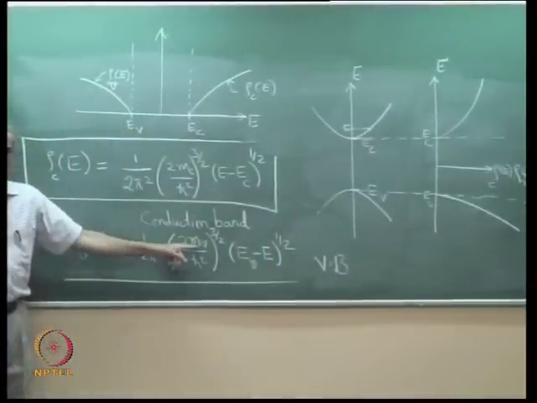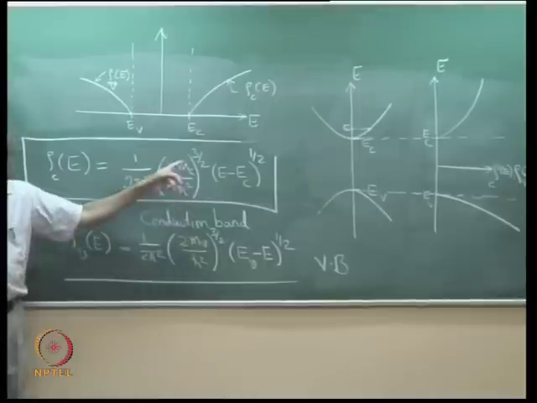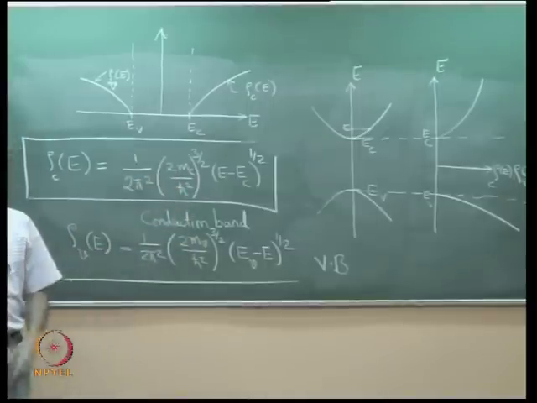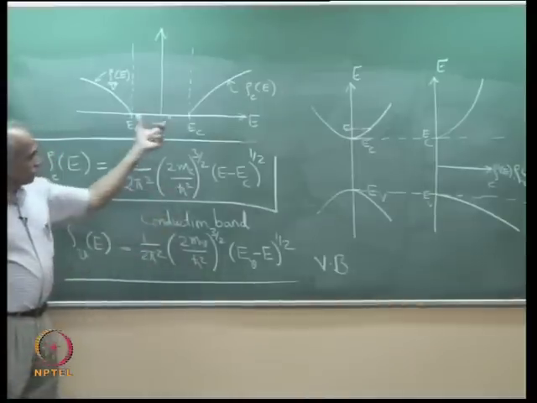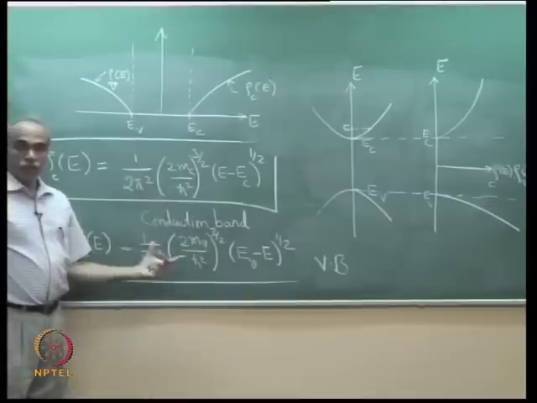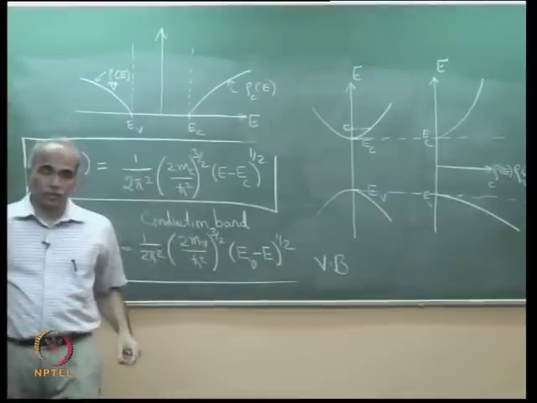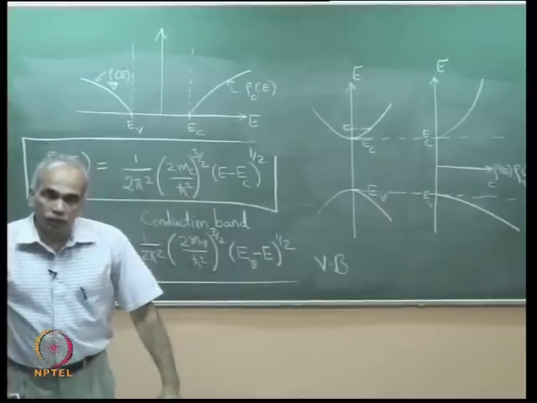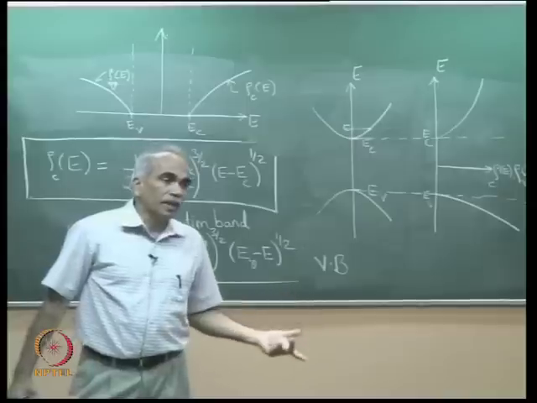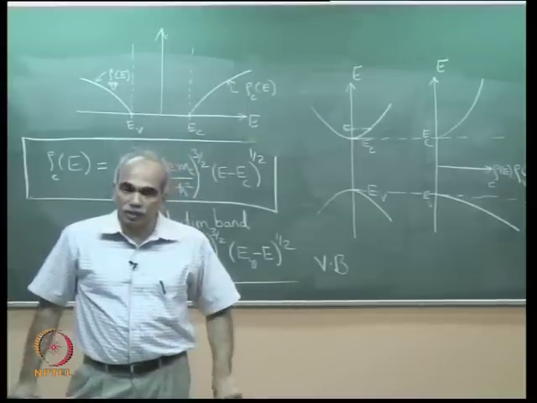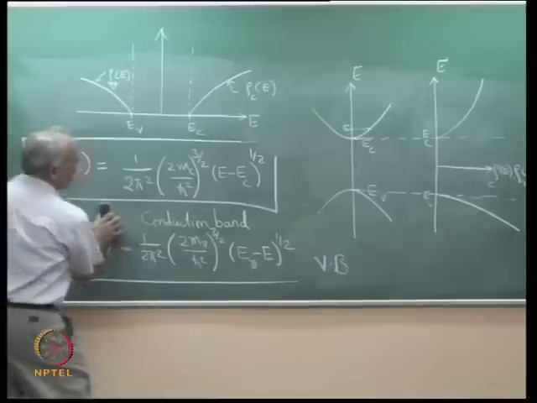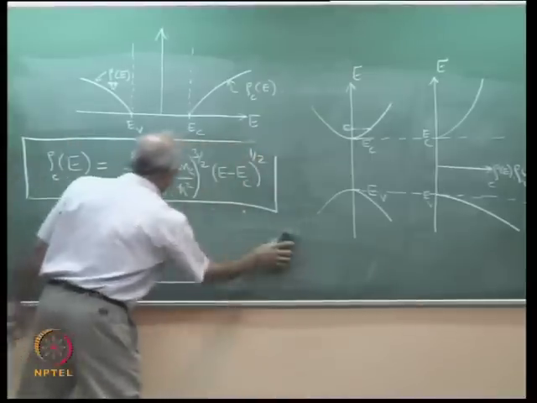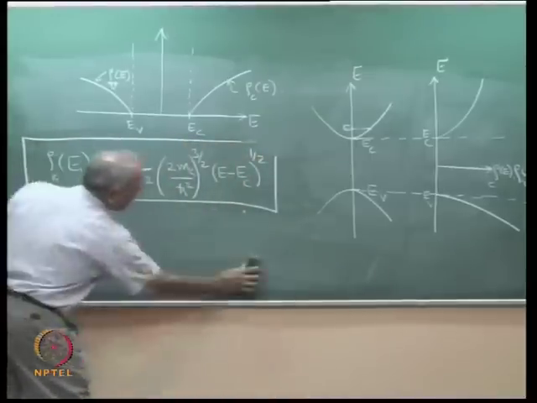The density of states available depends on the effective mass of the carriers. Is this all right? So these are the expressions that we will need to calculate the carrier concentration, because as I had already pointed out, the density of states multiplied by the probability of occupation will give you the carrier density, and integrated over the band will give you carrier concentration.